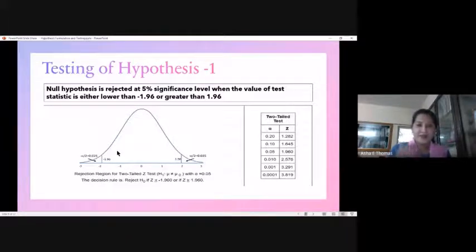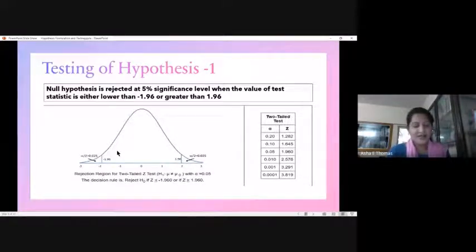I have the possibility of setting a hypothesis where my null hypothesis claims that the average score of students in the PG class is 80, that is, 80 marks out of 100. I make the claim like that. But there is a possibility that it may not be 80. The average score can be less than or more than that.